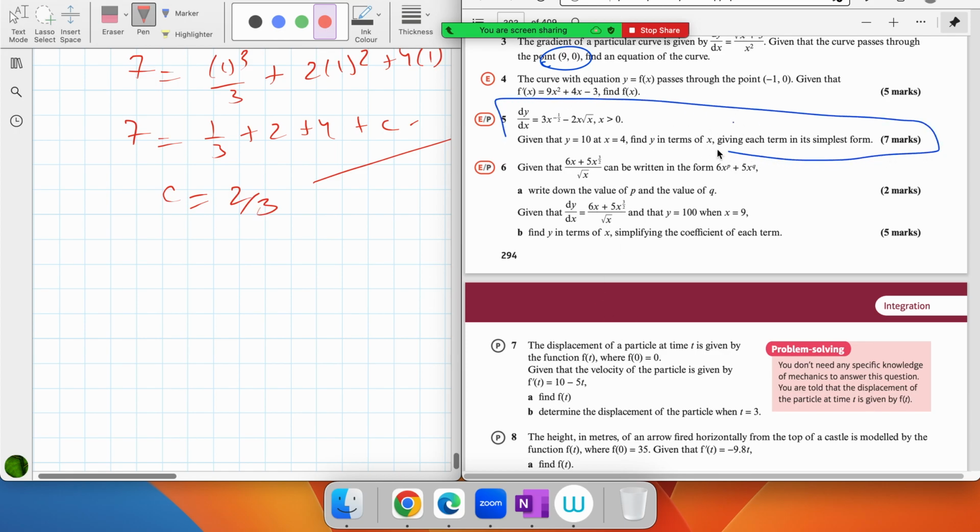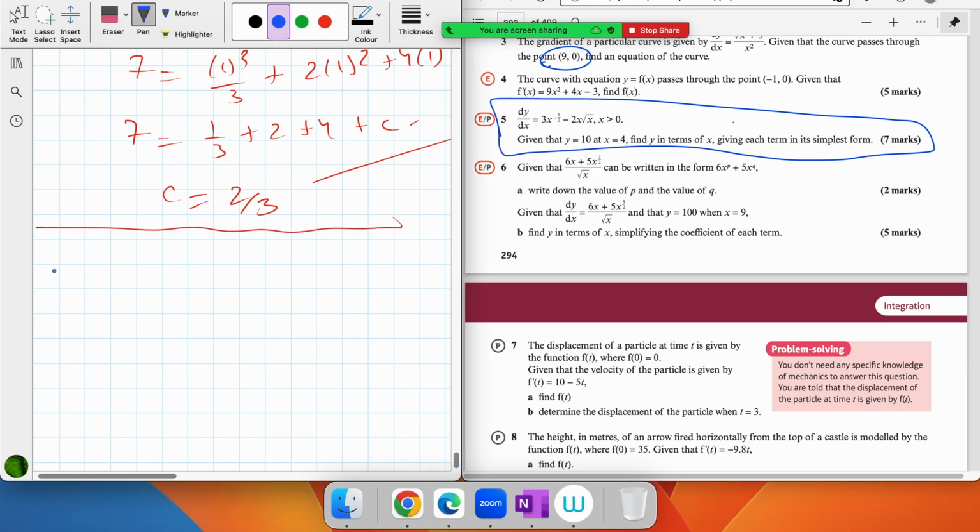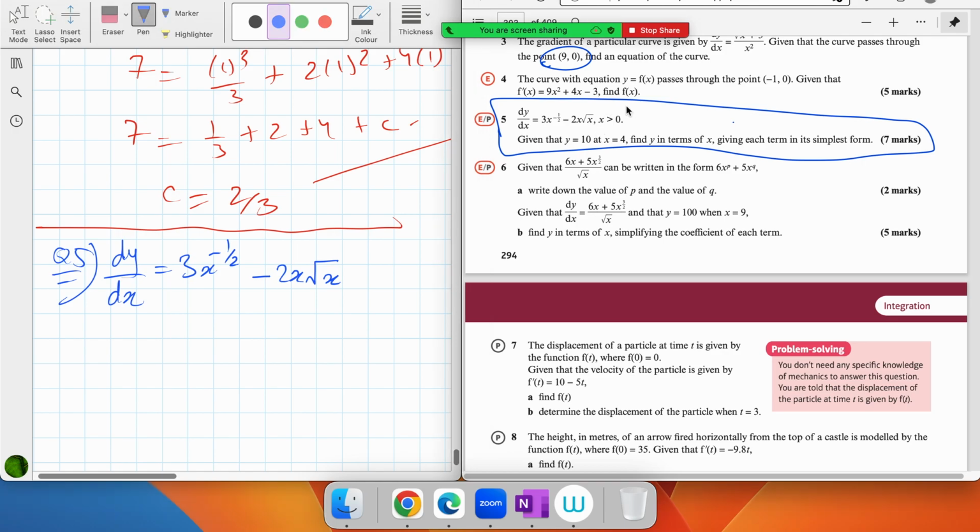So question number 5 says dy by dx is equal to (3x minus 1 by 2 minus 2x) multiplied with square root x, and it says that it is true for x greater than 0, and the set of values given in the second line is y is 10 when x is 4. So x 4 and y 10.